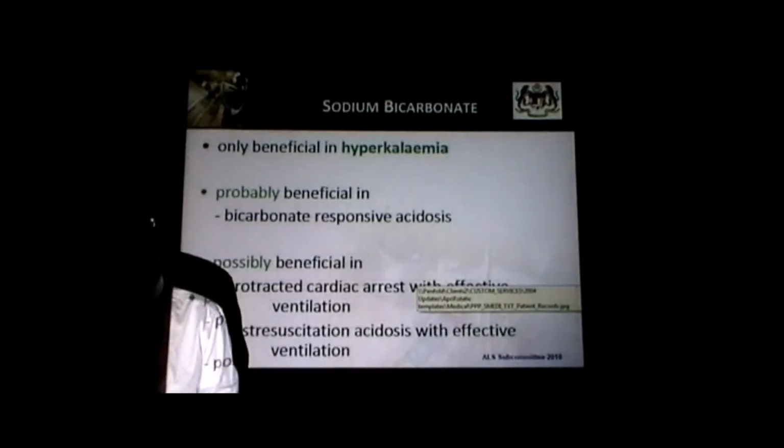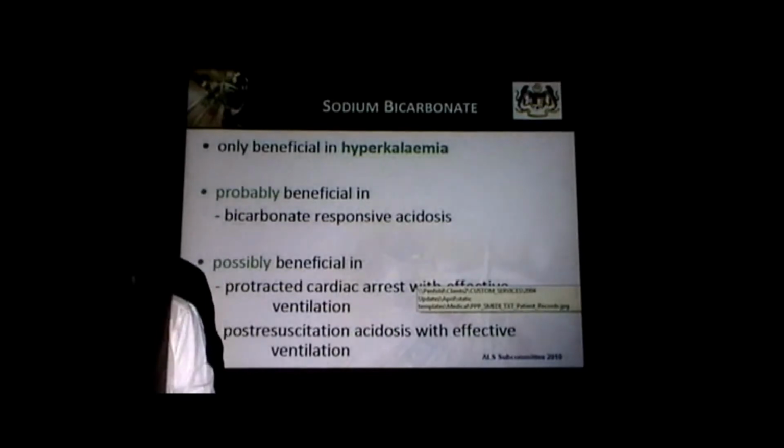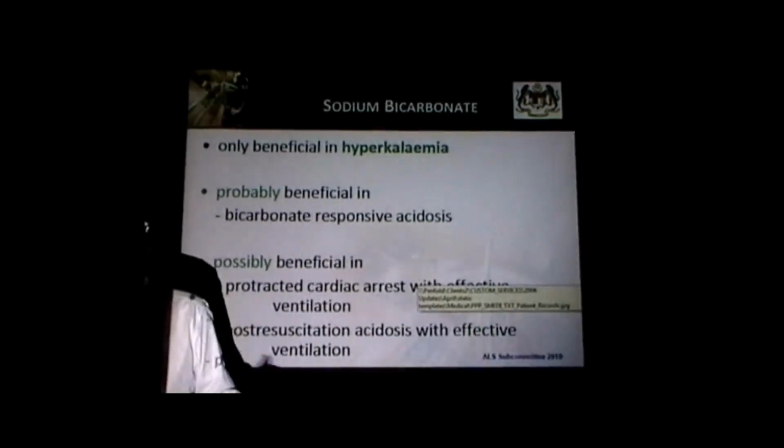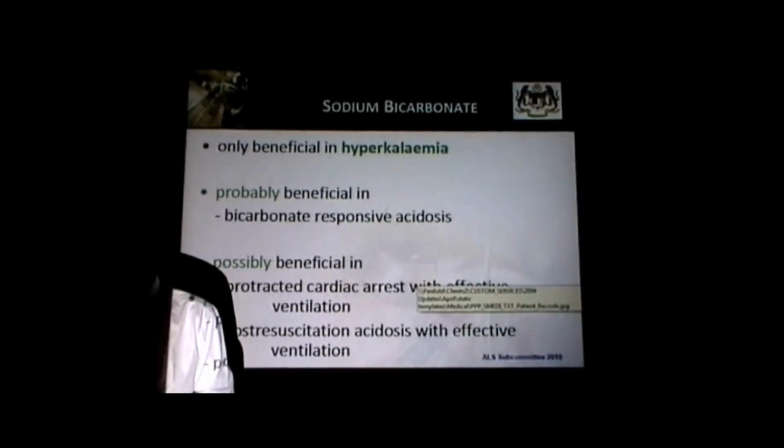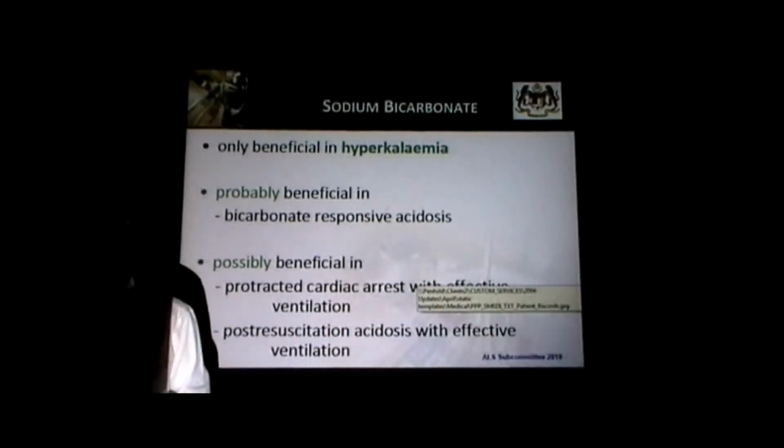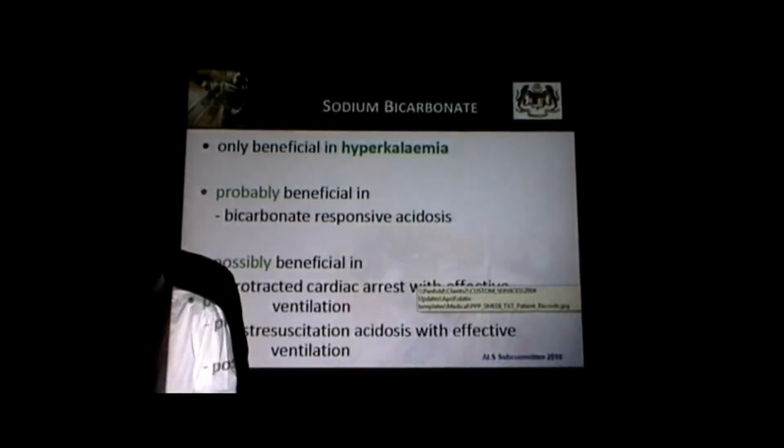How you give your insulin? IV, intravenous. Because remember in resuscitation we want everything to be fast. So not subcut but your IV. Then you will see improvement if the potassium improves. Okay, good.